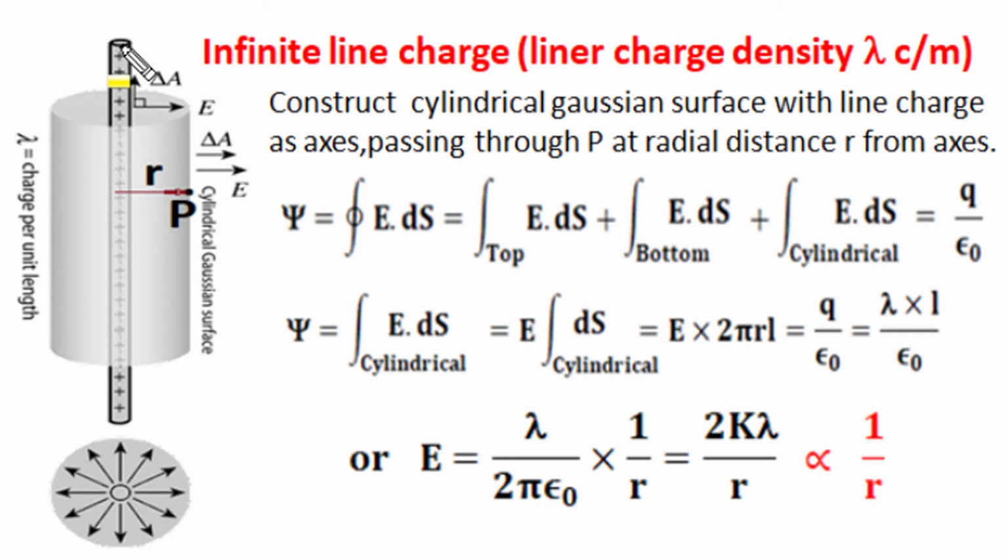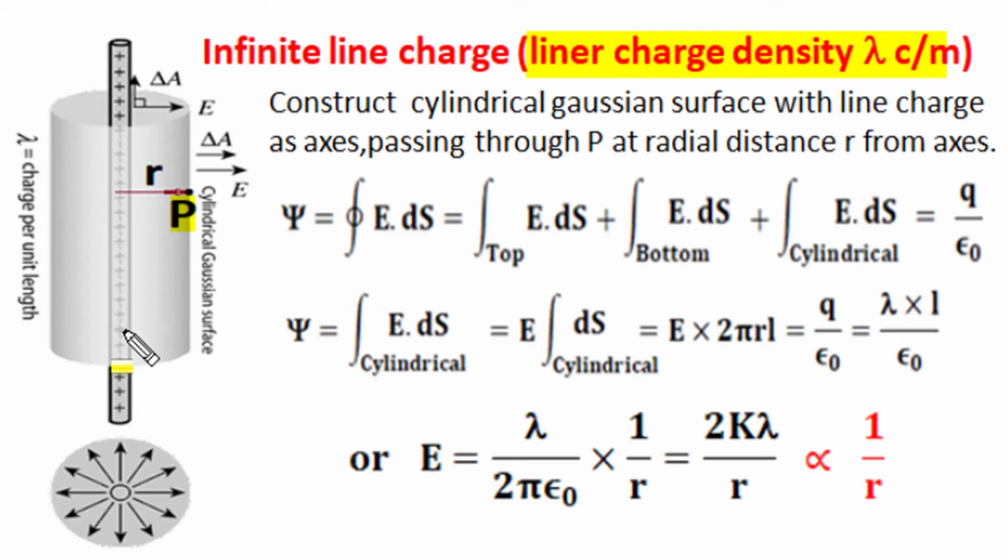We are given an infinitely long uniformly charged line with linear charge density lambda coulomb per meter, and we have to find the electric field at a perpendicular small r distance from its central axis at this observation position P. To make the calculation by Gauss law we construct a closed Gaussian surface passing through this observation position P, and for such a line charge, or even a cylinder with this same axis, the Gaussian surface would be a cylindrical surface with the same axis passing through observation position P.